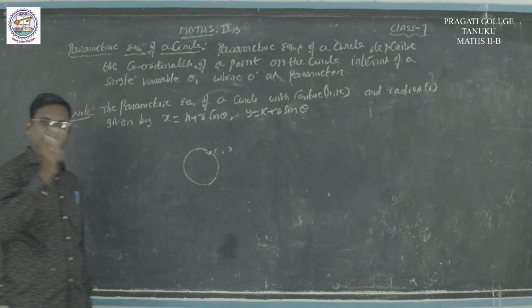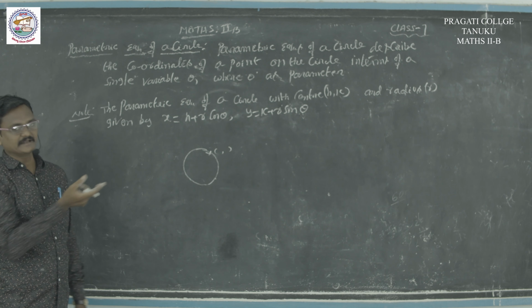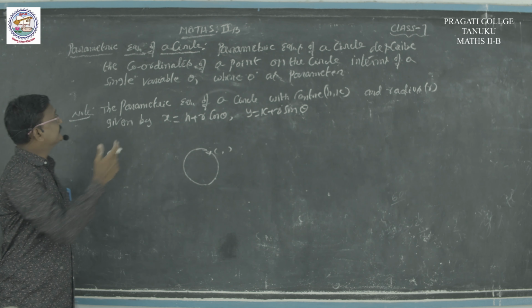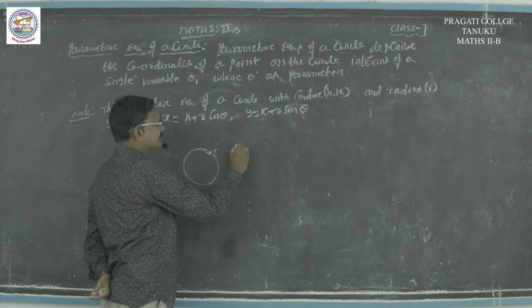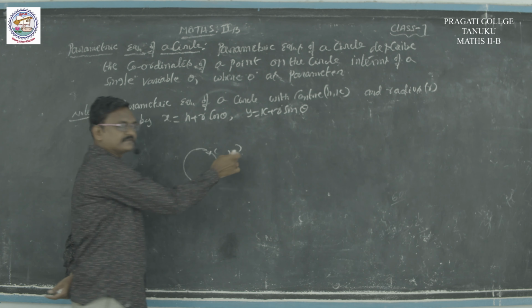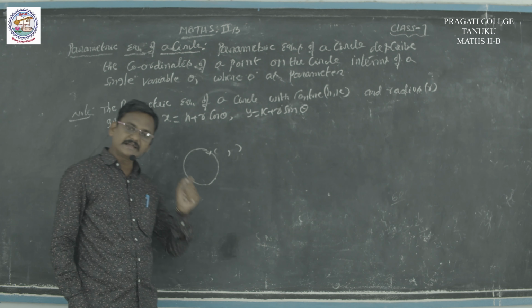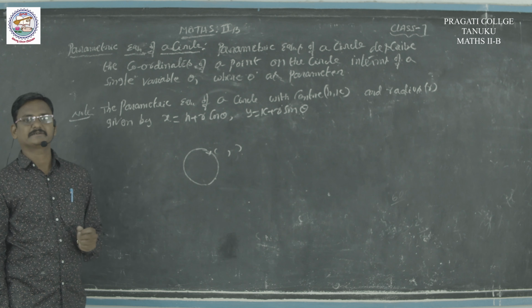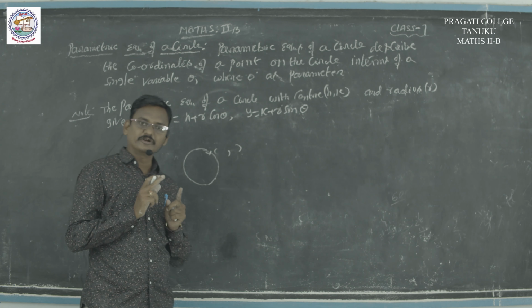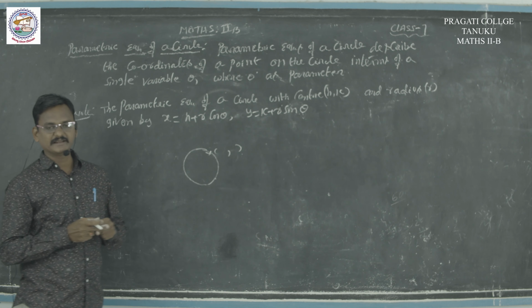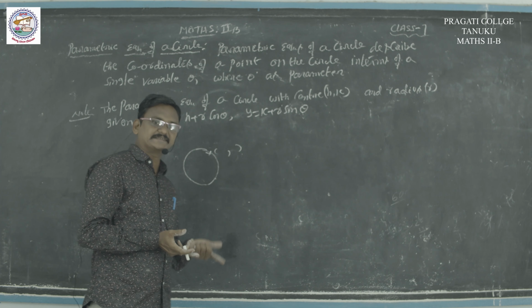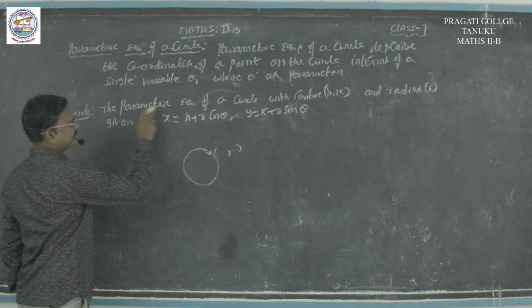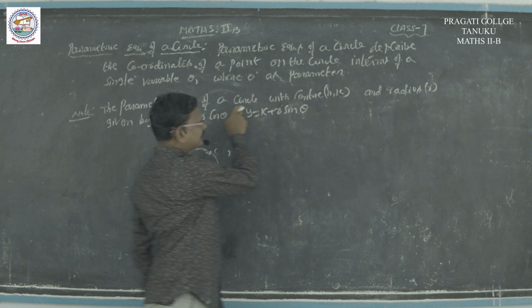That means which point is on the circle, we have to express in terms of the single variable theta, where theta is called a parameter.